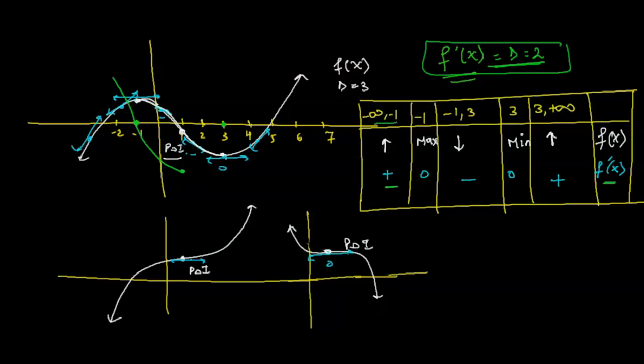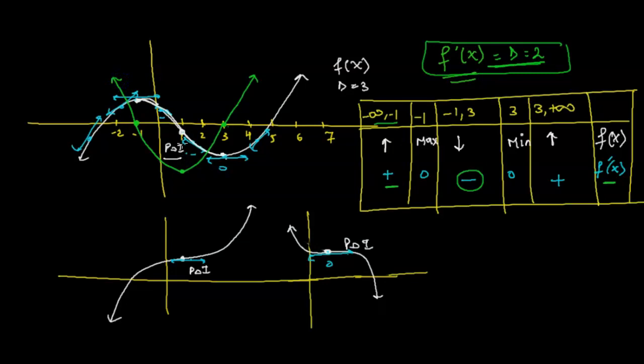We notice here that the function is positive from negative infinity to negative 1. At negative 1, we see a 0. From negative 1 to 3, the function will be all negative, means it will stay under the x-axis. So negative 1 to 3, the function stays under the x-axis, and way past 3, it becomes positive again.